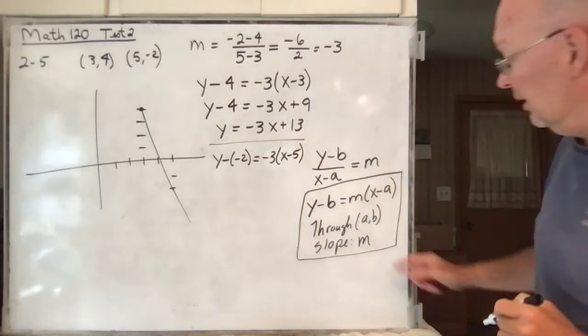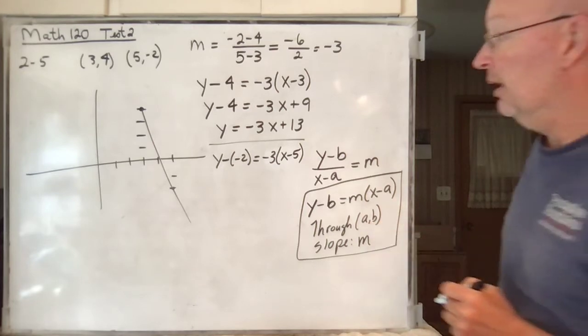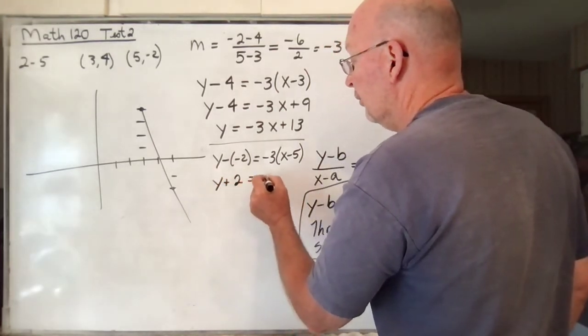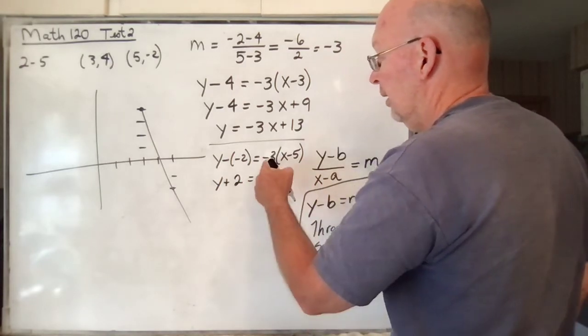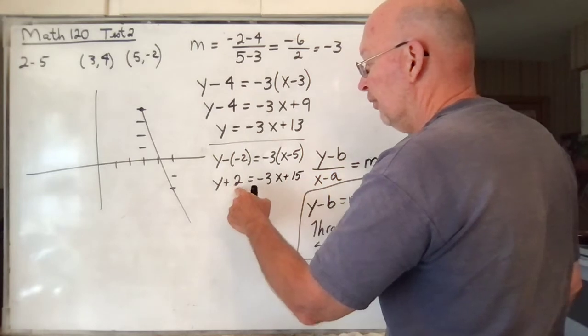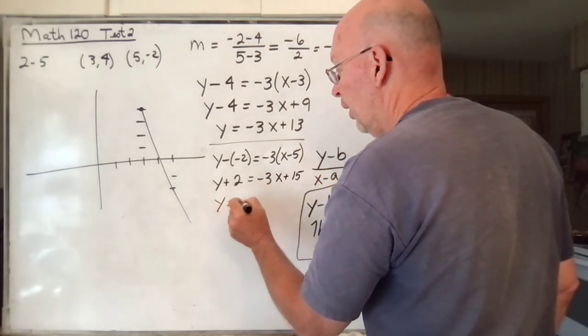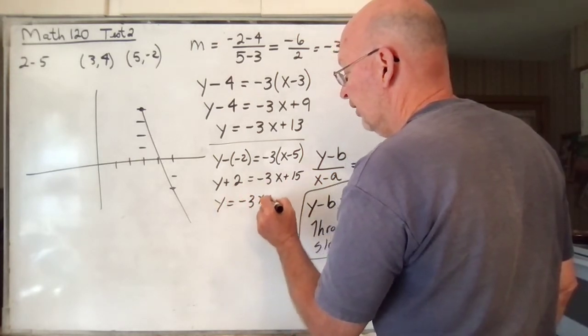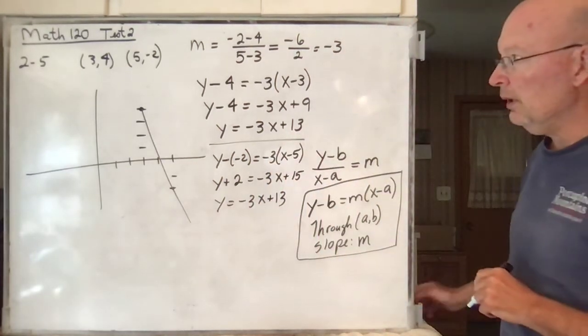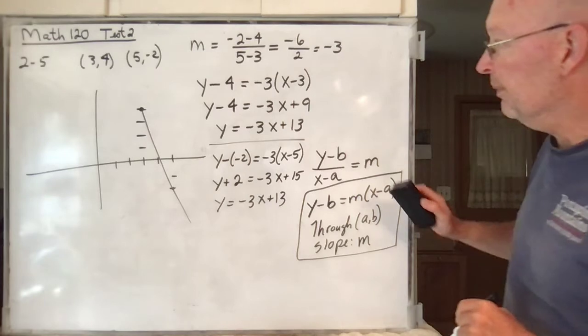I just chose another point. Then it's going to be y plus 2 is equal to negative 3x minus a negative, which is plus 15. Now you subtract 2 from both sides, and you get y is equal to negative 3x plus 13. Same thing as you got before.